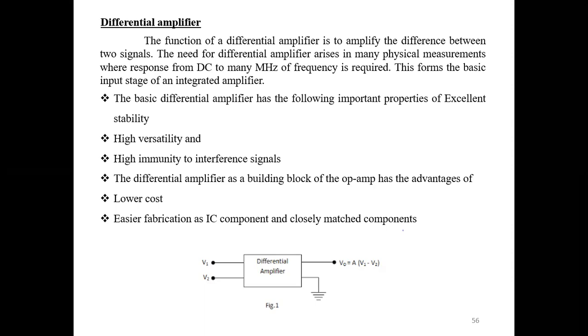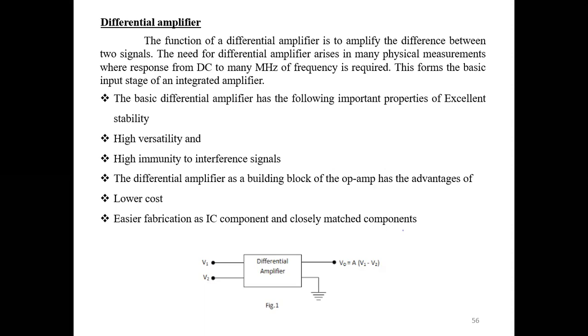The need for a differential amplifier arises in many physical measurements where response from DC to many megahertz of frequency is required. So this forms the basic input stage of an integrated amplifier. These are the advantages of a differential amplifier.